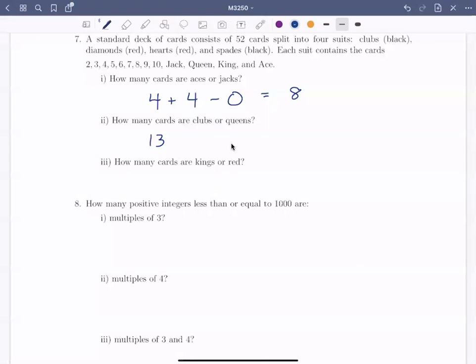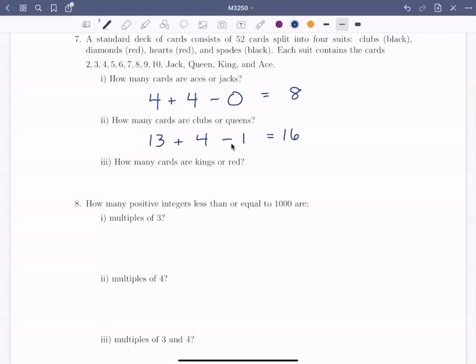There are 4 queens, so we're going to add 4 to it, except there's a single card that we've counted twice, namely the queen of clubs. That's a card that was in both piles, so we subtract it so that we get the proper count. There are really only 16 cards that are clubs or queens.